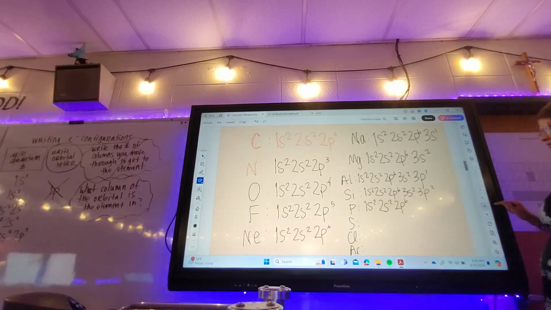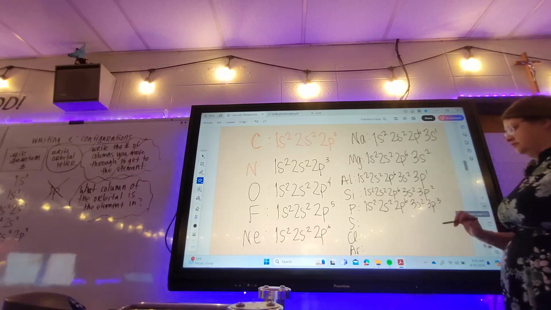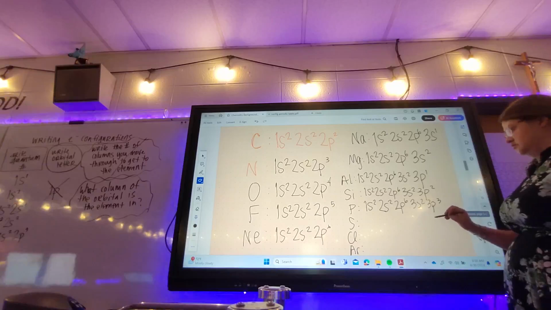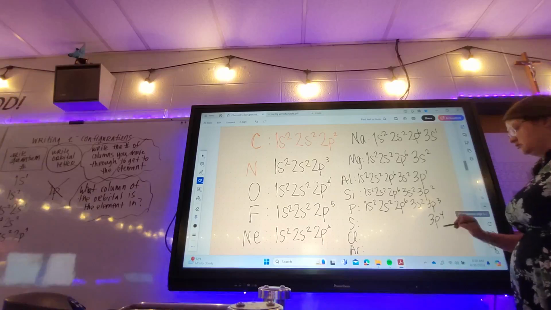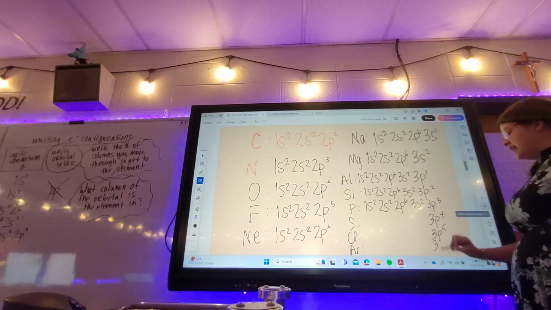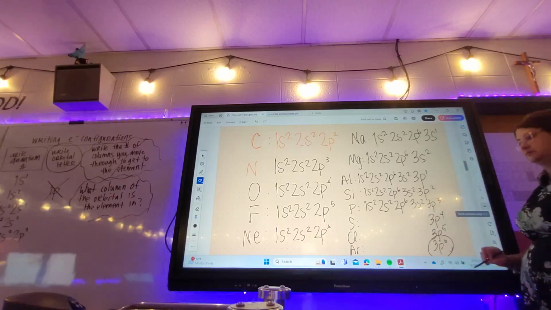So for sulfur, S would be 2, and then now this P is full because P's maximum is 6.